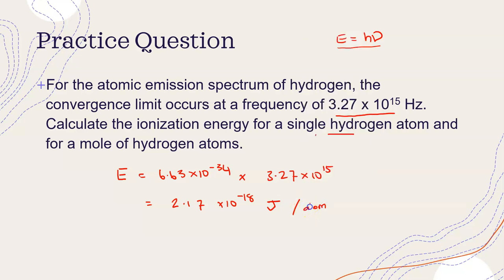This is just 1 atom, and then we want to work per mole. So per mole, energy is equal to 2.17 times 10 to the negative 18, and then we're going to multiply by Avogadro's number, which of course is 6.02 times 10 to the 23.